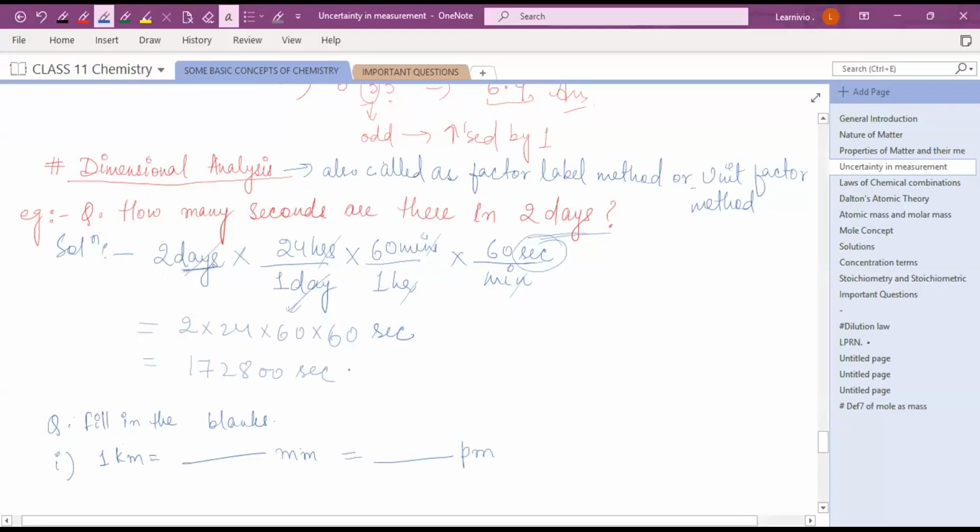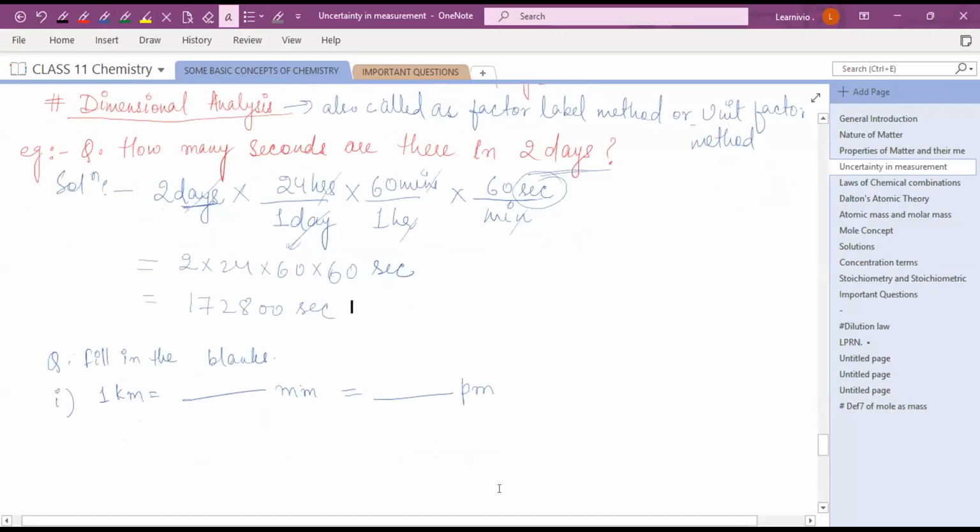Ma'am, will they ask questions like these? Yes, sometimes they ask because it is given in NCERT. Sometimes they can ask in fill in the blanks type. This is a question from NCERT. Just write it down, then we will discuss it.